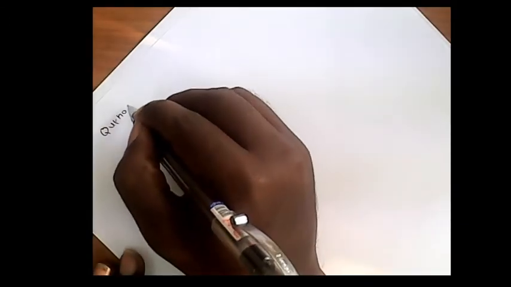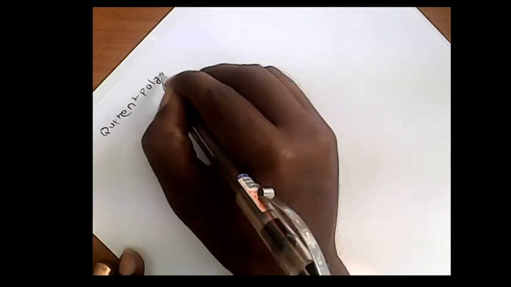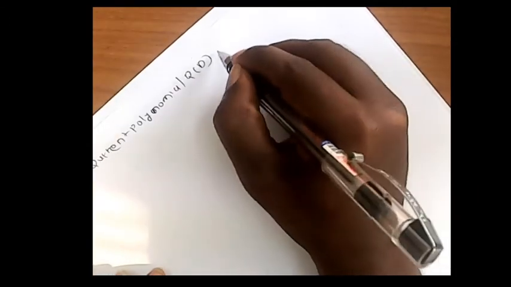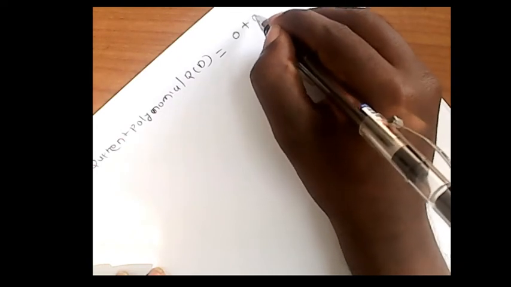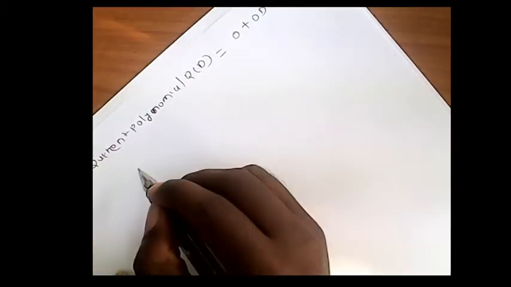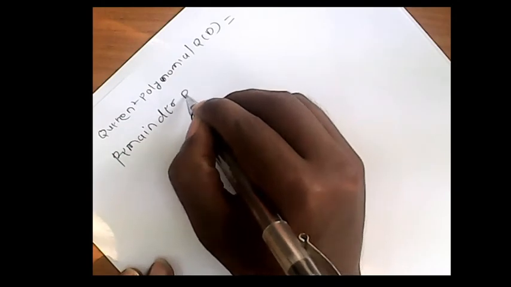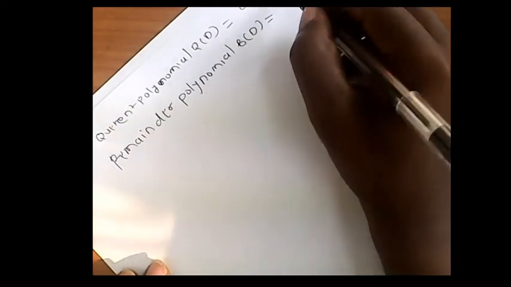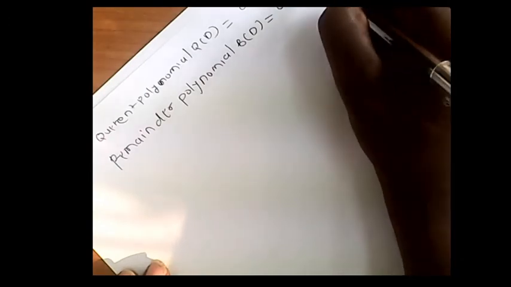Now the quotient polynomial, that is q of d, is equal to d squared. Then the remainder polynomial, that is b of d, is equal to 0 d plus d squared.